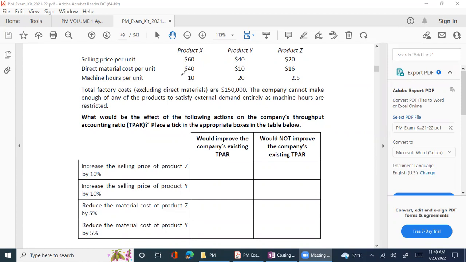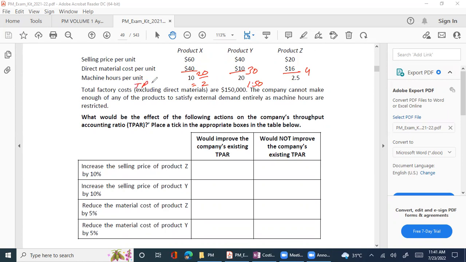The throughput will be 60 minus 40. This will be 20. This will be 30. This will be 4. Per unit time is given. So if I divide it with the time, I will get the 2. I will get 1.5. And what will be the answer of 4 over 2.5? 4 over 2.5.